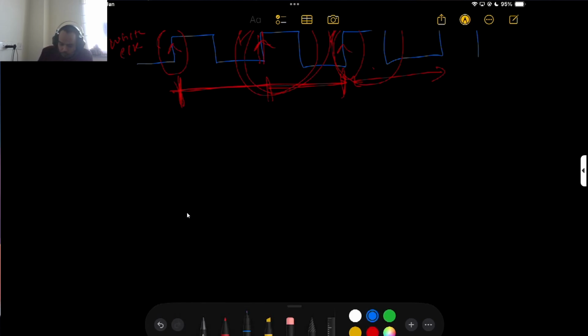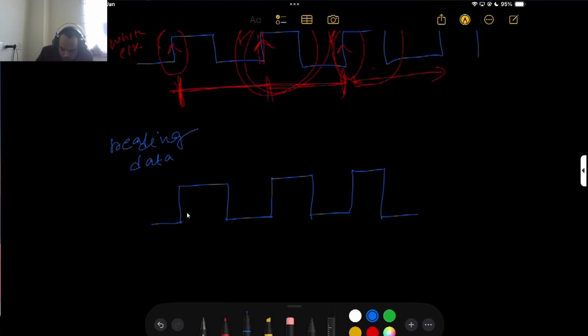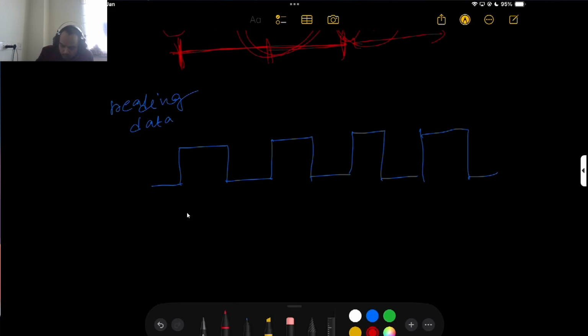And what about the reading data case? Okay, in reading, here is the clock again. Here data could not be read, but I assume that in the previous period there is some cycle.